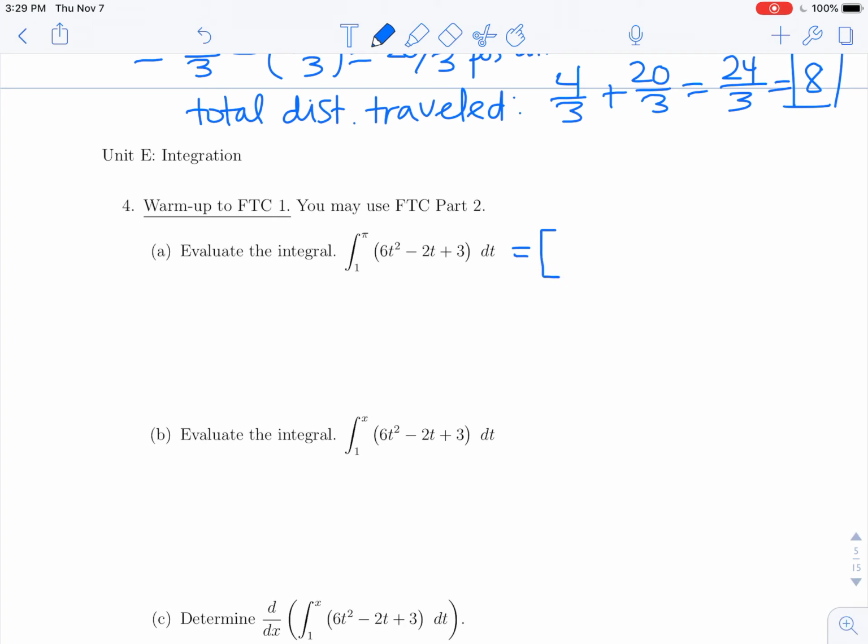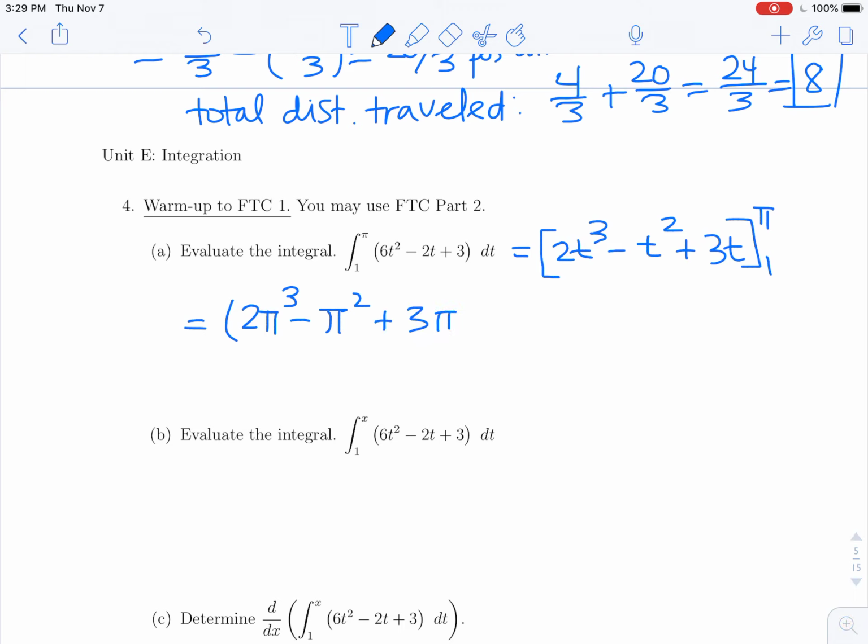So using FTC 2, we get 2t cubed minus t squared plus 3t, evaluated at pi and at 1. So this is 2 pi cubed minus pi squared plus 3 pi, and then minus 2 minus 1 plus 3.